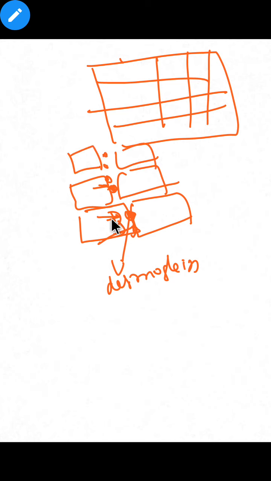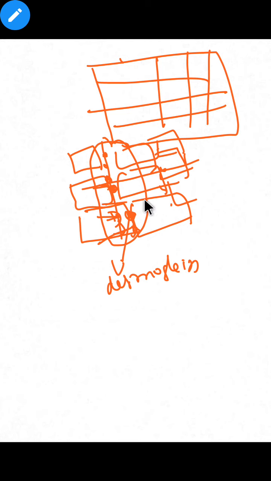So under immunofluorescence, this will be seen as fishnet like appearance, like this. Okay, this is fishnet like appearance, and we can also see the presence of autoantibodies against desmoglein 3.